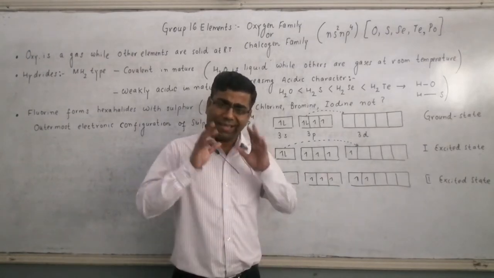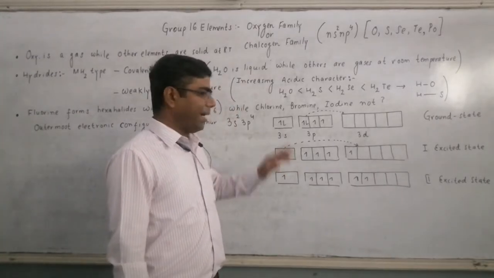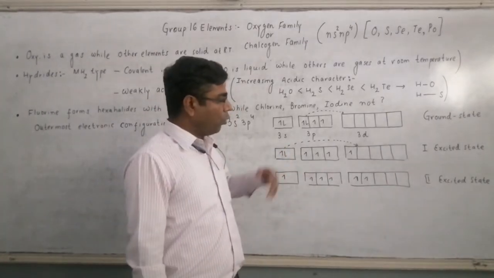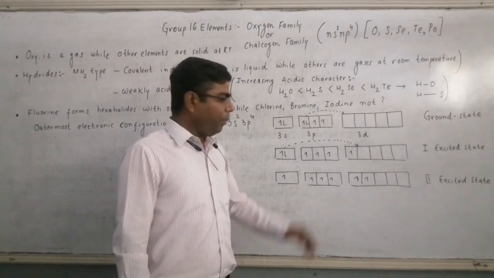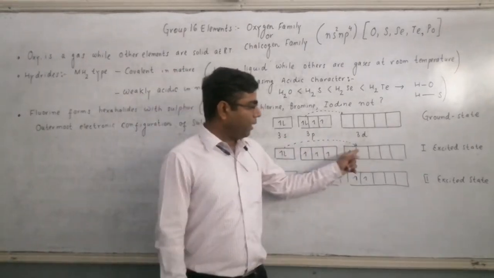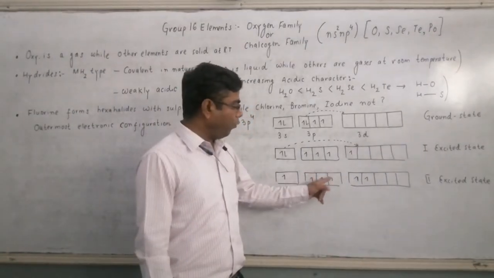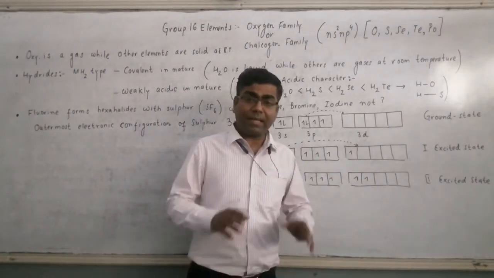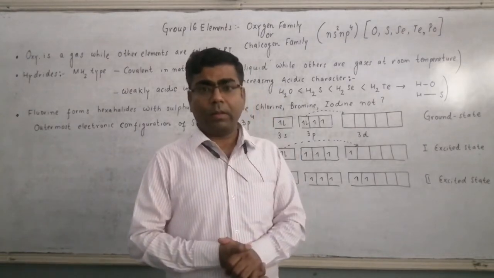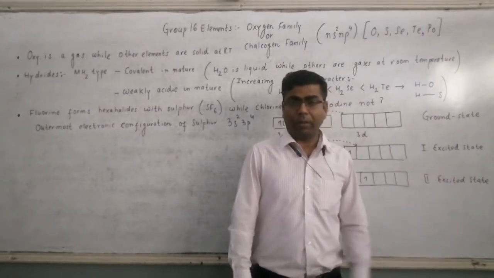Now for getting 6 unpaired electrons, one more electron from 3s will be excited to 3d. So when this electron jumps to 3d, we will get 1, 2, 3, 4, 5, 6 unpaired electrons, and this is called the second excited state of sulfur.